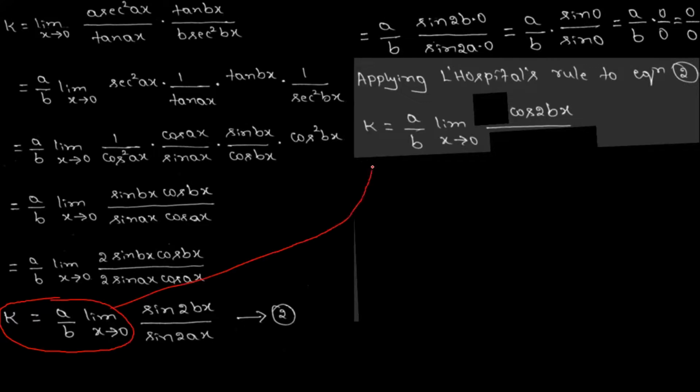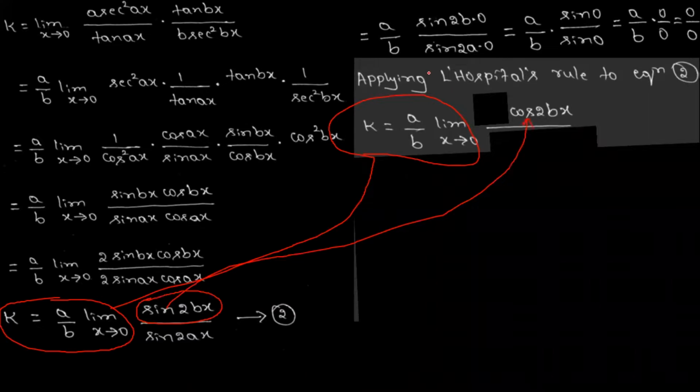You can observe we have written as it is, and we have differentiated sin 2bx. Differentiation of sin, we all know it is cos. Inside function we need to keep as it is here, inside cos.